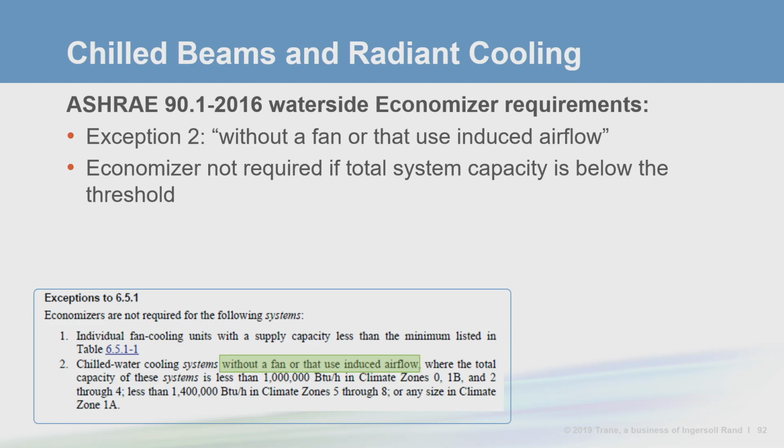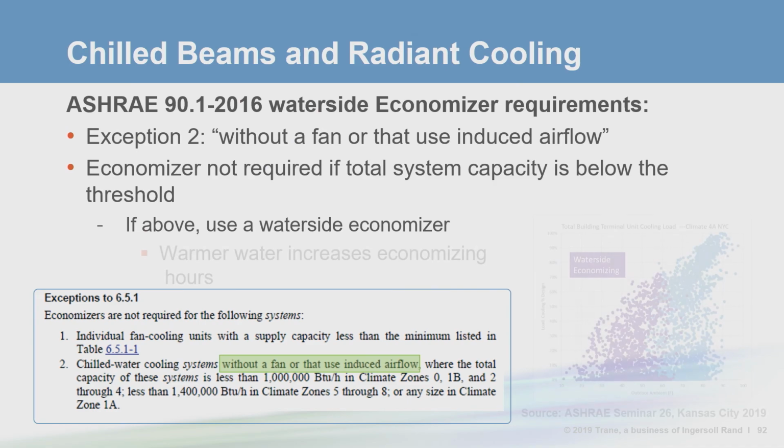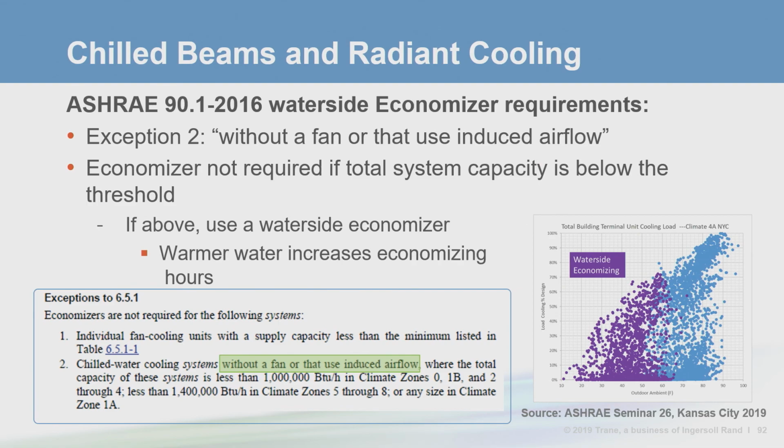This qualification would include both passive and active chilled beams, as well as radiant panels. Above that threshold, a water economizer should be used. And as was discussed earlier when we covered sensible cooling terminal units, sensible systems use a warmer water temperature, so waterside economizing hours are increased when compared to a chilled water system with a lower water temperature.